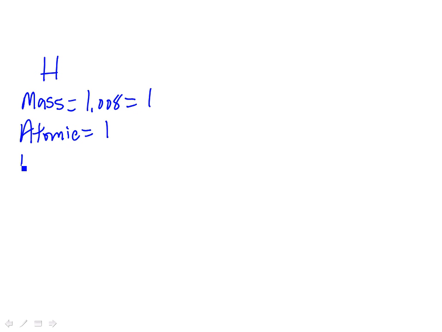The number of protons is equal to 1. Because remember, the atomic number represents the number of protons that are represented in the nucleus of an atom. The number of electrons, since this guy right now is electrically neutral, is equal to 1.